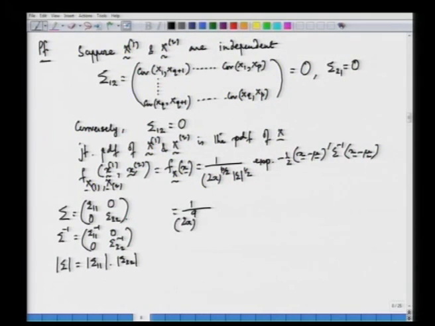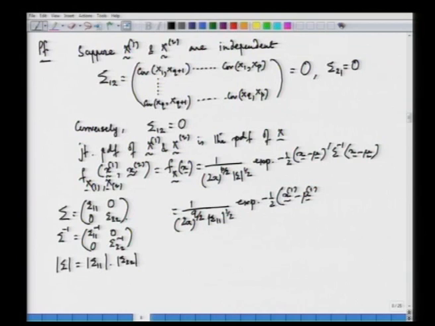First I take q out of this and I take just one part of the product. So, this is sigma 11 to the power half, and I also write the sigma inverse in the way that we have written here, and then combine the two quadratic forms. Then I can easily see that this is nothing but exponent of minus half (x1 minus mu1).